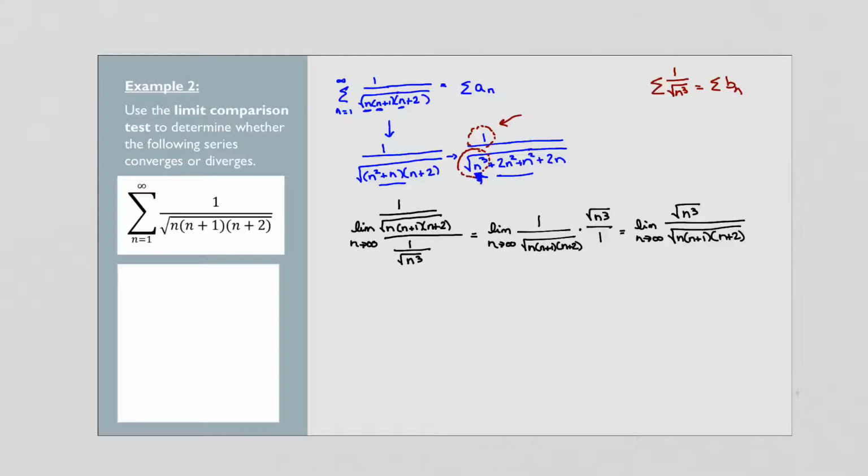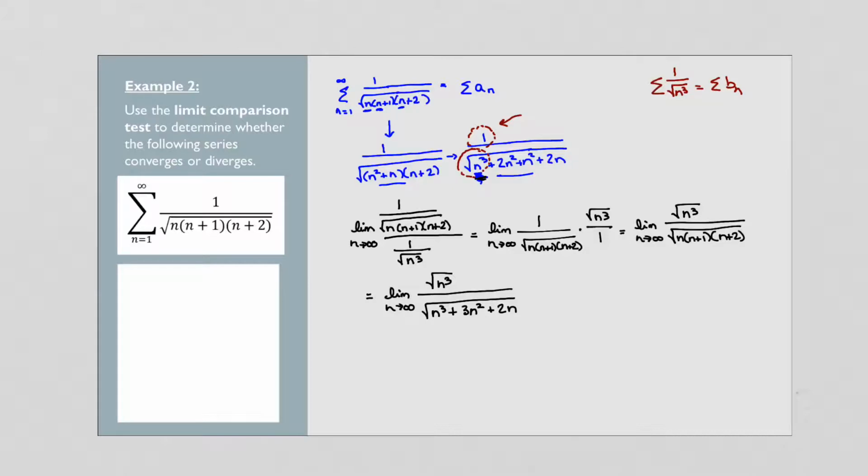Since I already multiplied out my denominator, underneath I actually have n cubed plus 3n squared plus 2n, right?